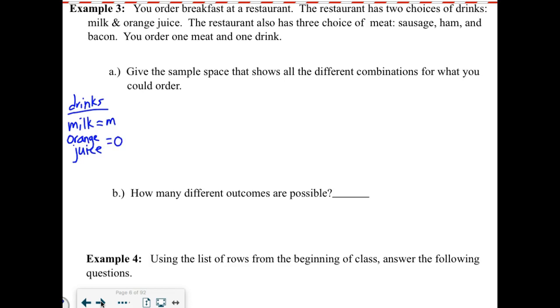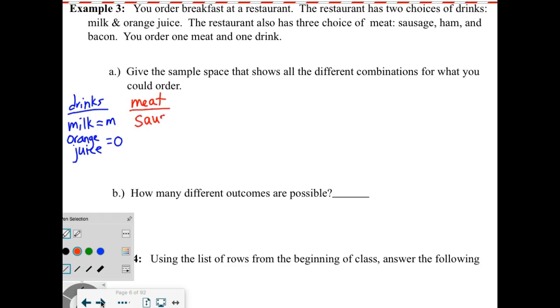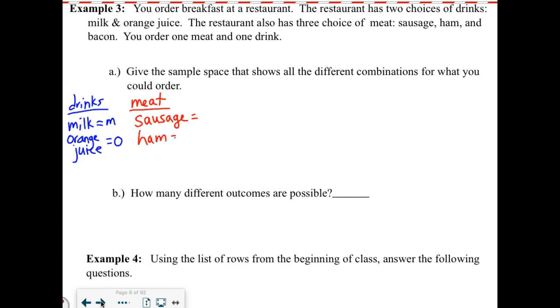There's my options for your drink. Okay. The restaurant also has 3 choices of meat: sausage, ham, and bacon. Let's list the meat here. And again, I don't want to write sausage and bacon, so I'm going to use just a letter to write.